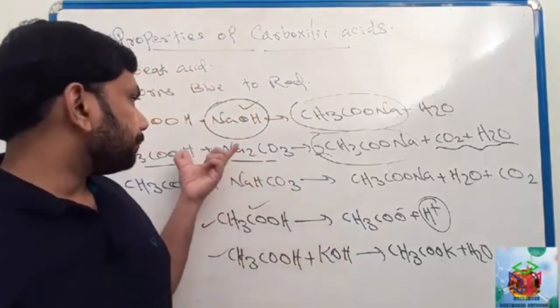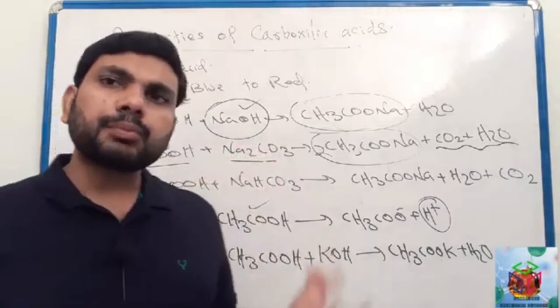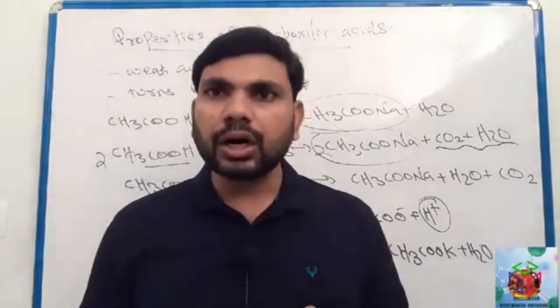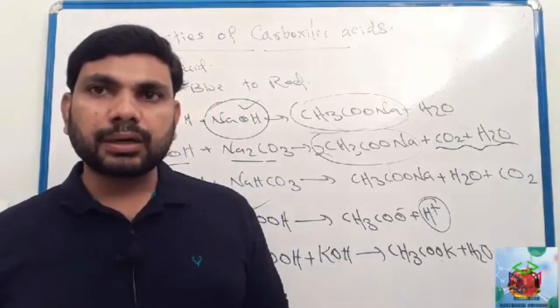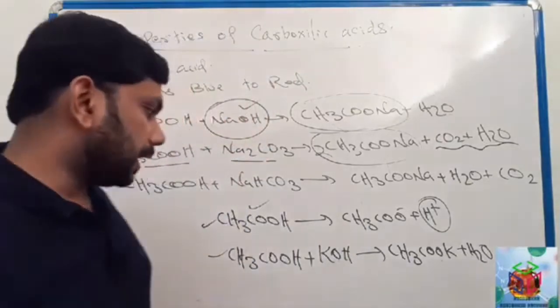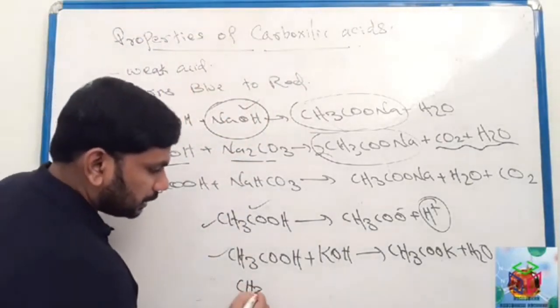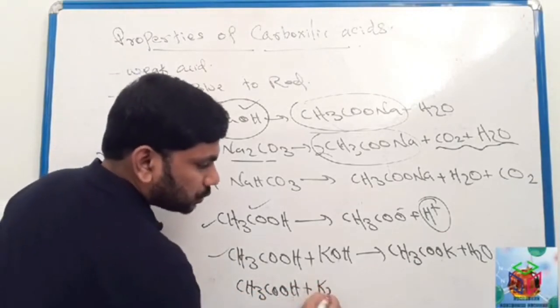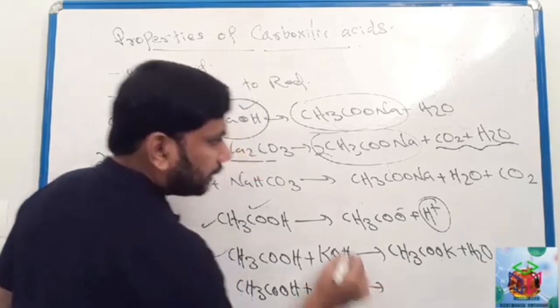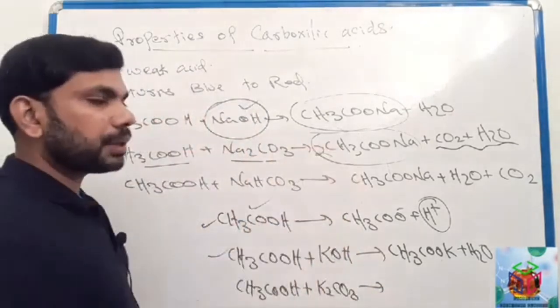So here carboxylic acid reacted with sodium carbonate, it formed sodium salt of acid, carbon dioxide and water. See here another example, CH3COOH reacted with K2CO3. Here I used sodium carbonate.